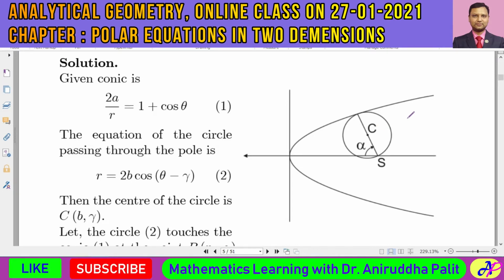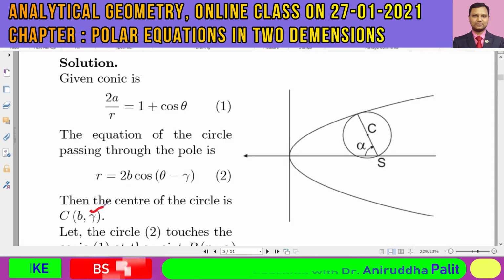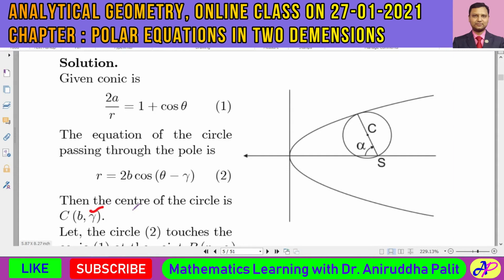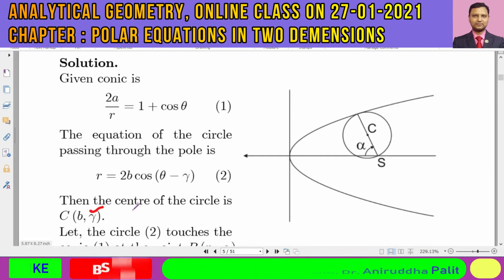That's why we consider the vectorial angle of the center as equal to gamma over here. This gamma would be the vectorial angle that is situated in this equation of the circle. So in this general case, we need to determine whether this gamma is equal to alpha or not. We can say that the vectorial angle of the center C may be taken as any other angle like gamma.